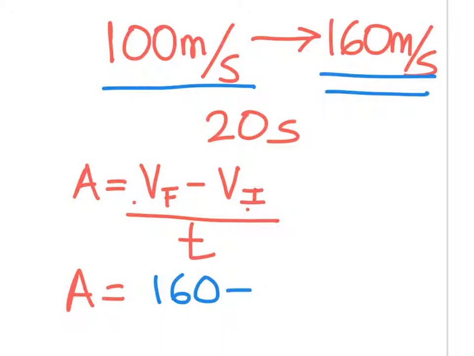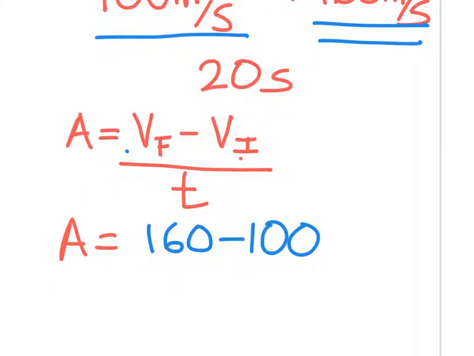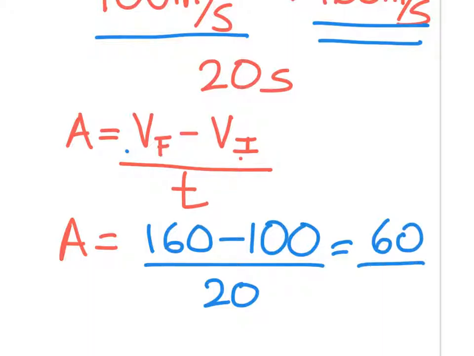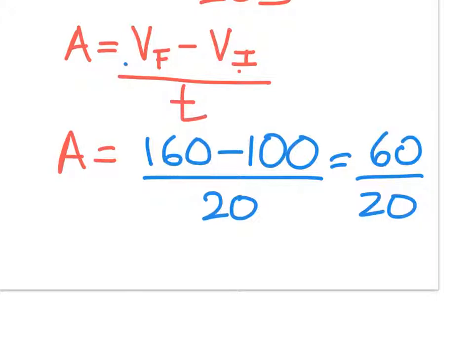So again, final velocity, 160, minus initial velocity, 100, divided by the amount of time that it took that change to happen, which is 20 seconds. So then I get 60 divided by 20, which is equal to 3 meters per second squared.